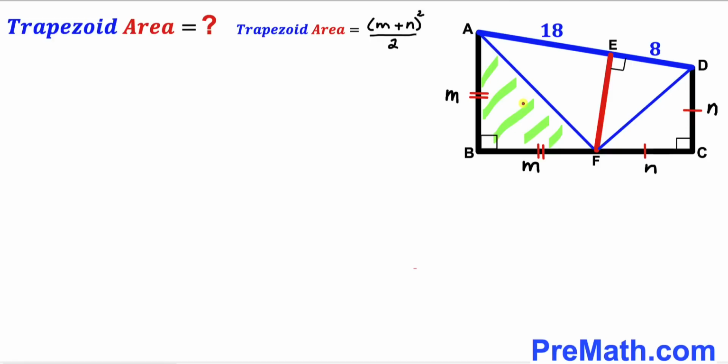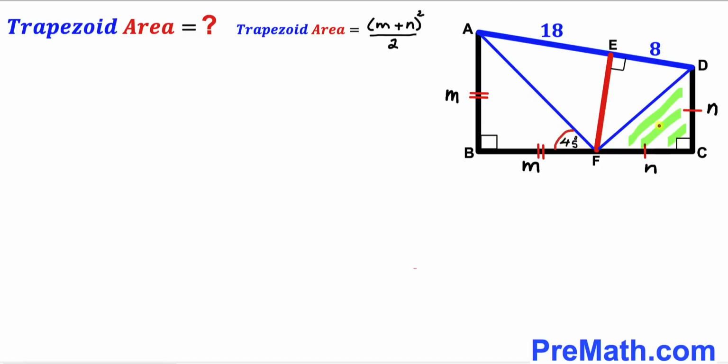Now let's focus on this isosceles triangle ABF. This is an isosceles triangle since this side length equals this side length. So these two angles are going to be congruent. If this angle is 45 degrees, then this angle has got to be 45 degrees as well.